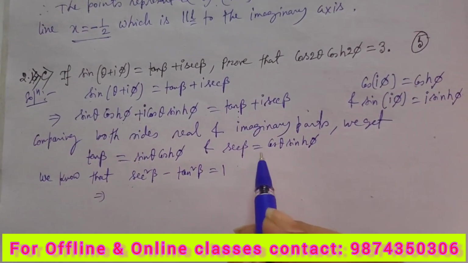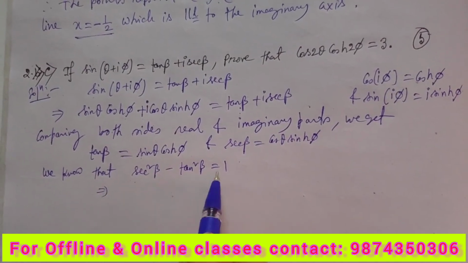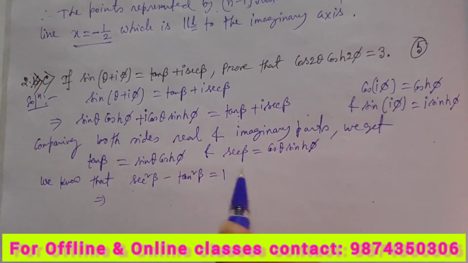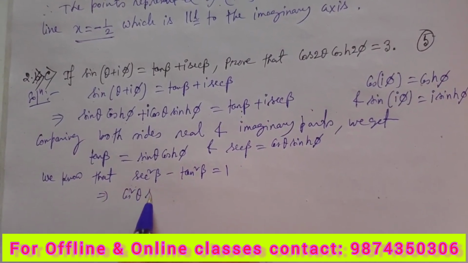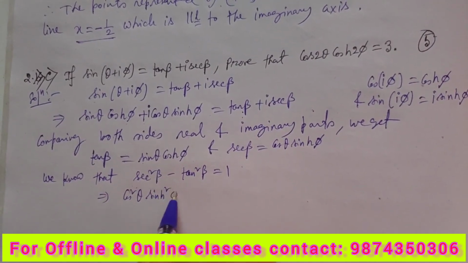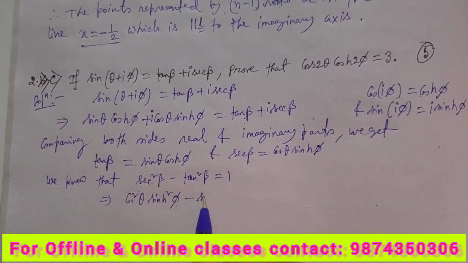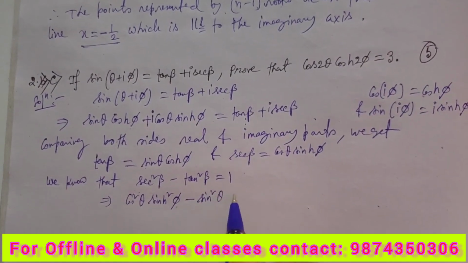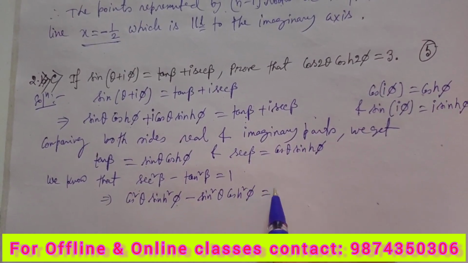Now putting the value of sec beta and tan beta here, beta is eliminated. So sec square beta is cos square theta sinh square phi, minus tan square beta, which is sin square theta cosh square phi, is equal to 1.